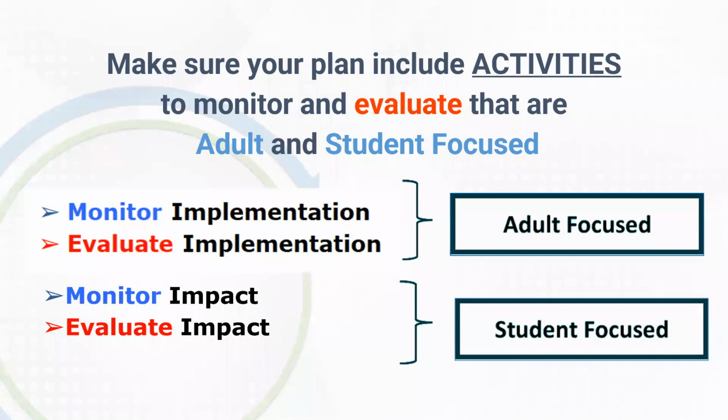This slide reminds us that monitoring and evaluation activities include those that are both adult and student focused, with implementation being primarily focused on the adults and impact being focused on students. Again, monitoring is that formative process, while evaluation is the summative process.